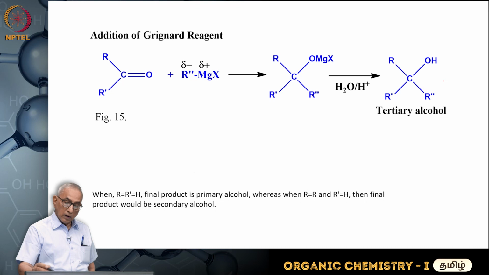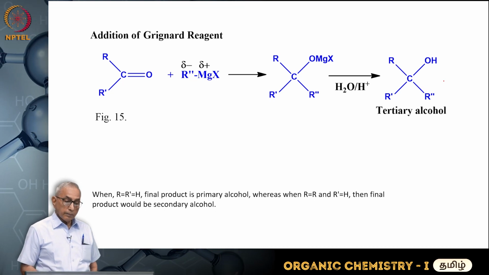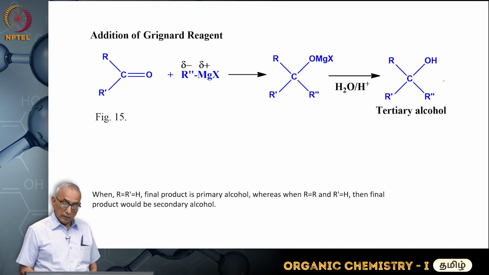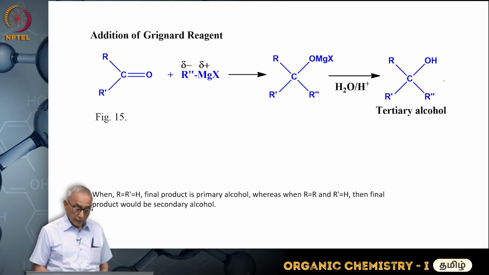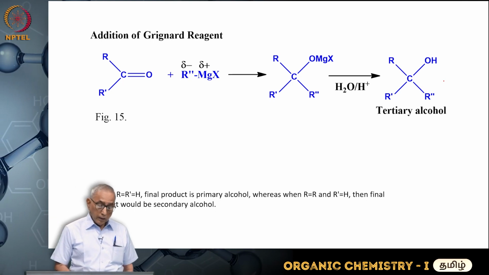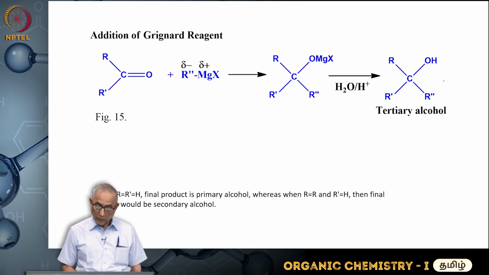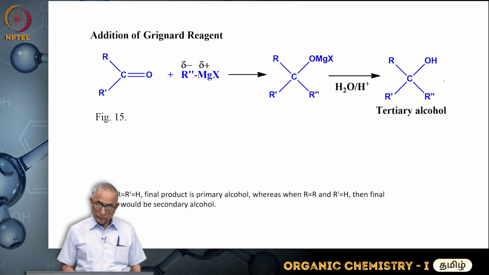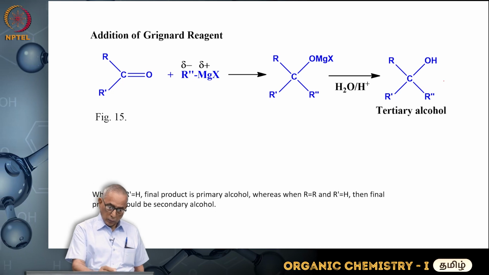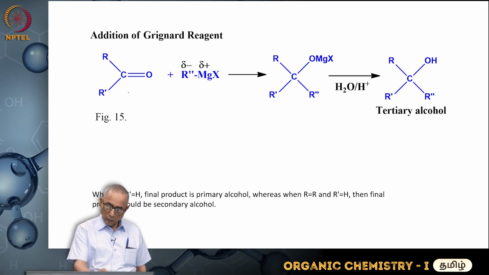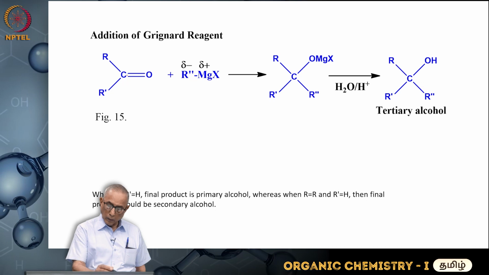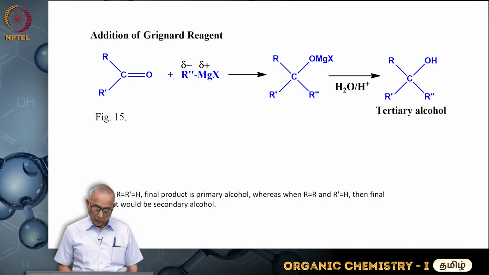This is a tertiary alcohol. Usually this reaction works well to produce tertiary alcohol. If the starting compound is formaldehyde, you get a primary alcohol because there are 2 H's and you add only 1 R and OH.